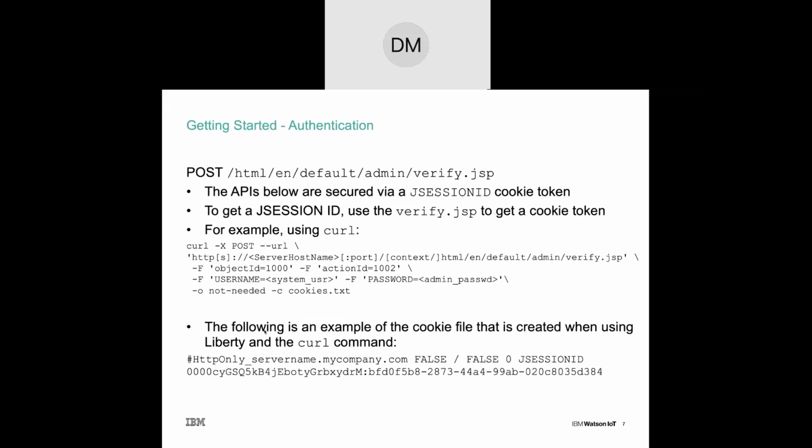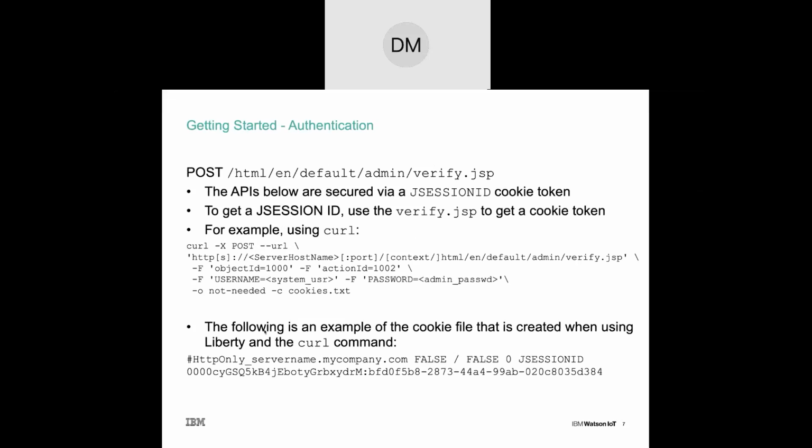So to get started, I have an example here using just standard curl. You will need to authenticate and get a JSession ID cookie token, and you'll need to pass that to any subsequent calls in order to make sure that you are authenticated and authorized to make the various REST calls.